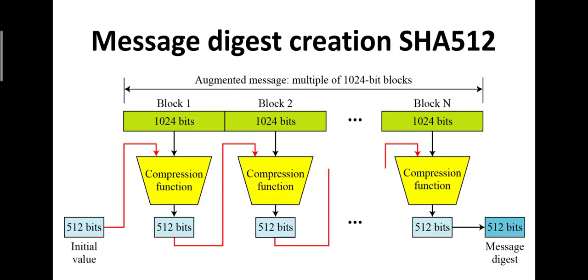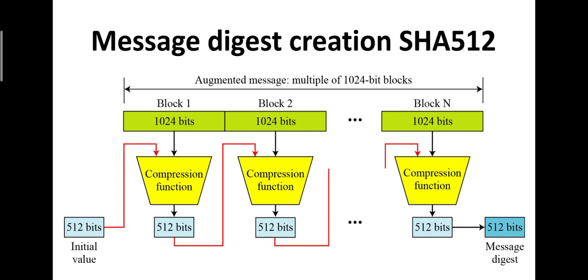Now you see the figure which shows that SHA 512 creates a digest of 512 bits from a multiple-block message. Each block is 1024 bits in length, as shown in the figure. The digest is initialized to a predetermined value of 512 bits. The algorithm mixes this initial value with a block of the message to create the first intermediate message digest of 512 bits.